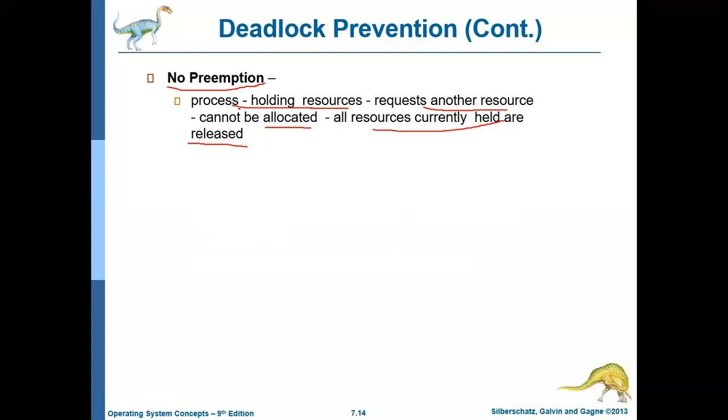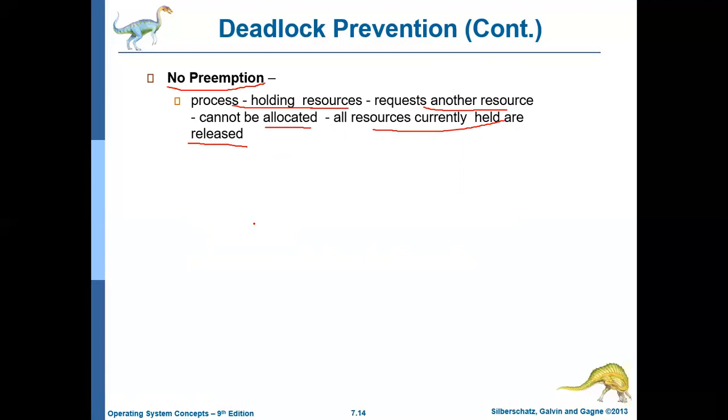Okay, so here the first rule says that if a process is already holding some resource and it is requesting a new resource, and that request cannot be satisfied by the operating system at that particular time, then that process should voluntarily release all the resources that it is holding.